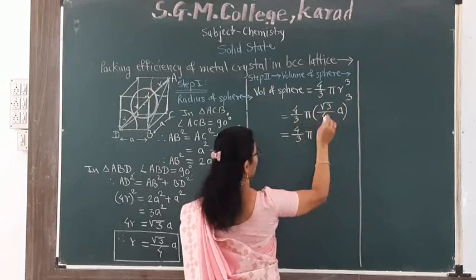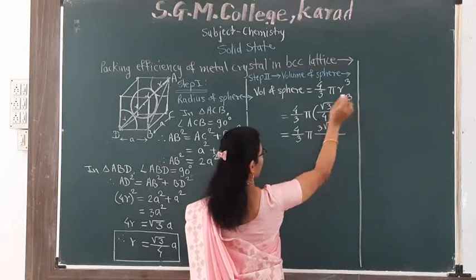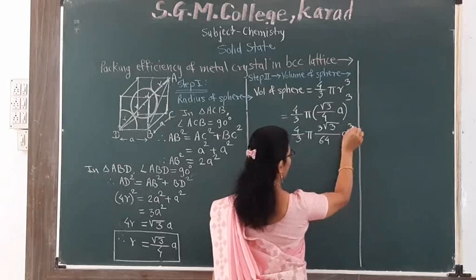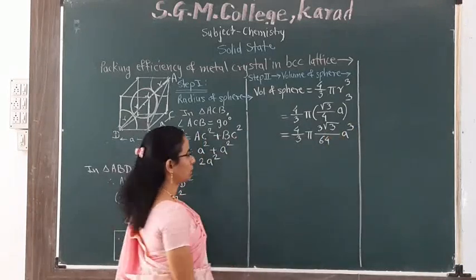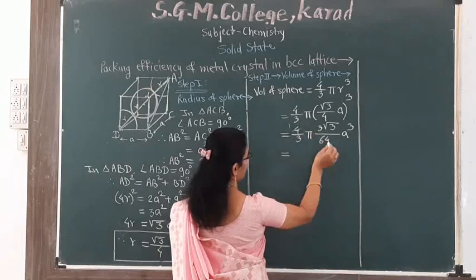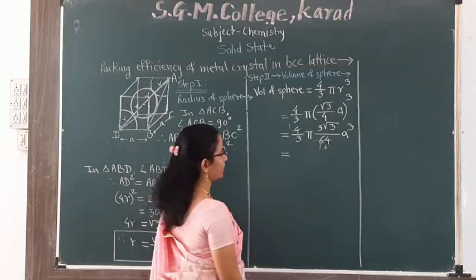Cube of root 3 will be 3 root 3 and cube of 4 will be 64, into a cube. Okay. Now again simplify it. What will you get here? 4 ones are 4, here 16, 3 and 3 will get cancelled.